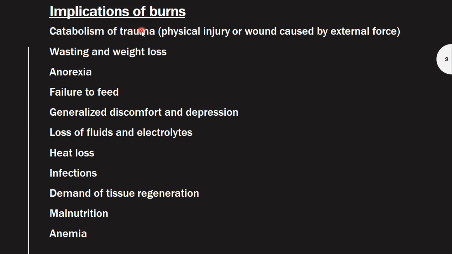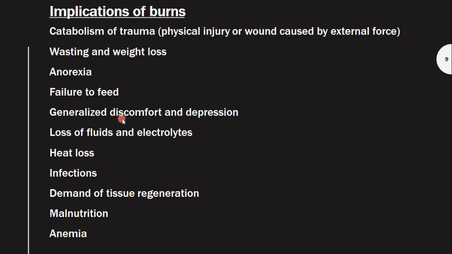Catabolism of trauma. This is physical injury or wound caused by external force. Wasting and weight loss, anorexia, failure to feed. Some people get burned around the neck area, which can make it difficult for them to feed because they cannot swallow because of the pain. Maybe some organs have been destroyed, the esophagus.